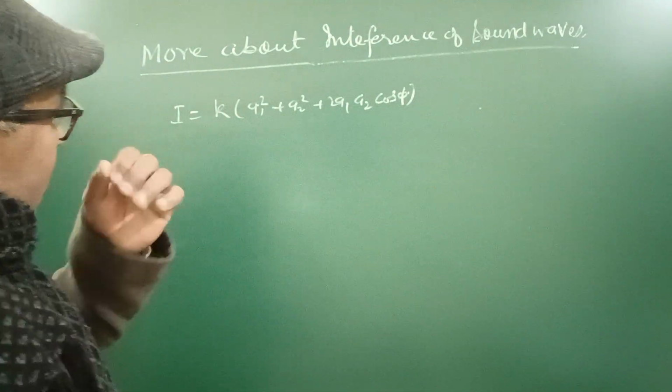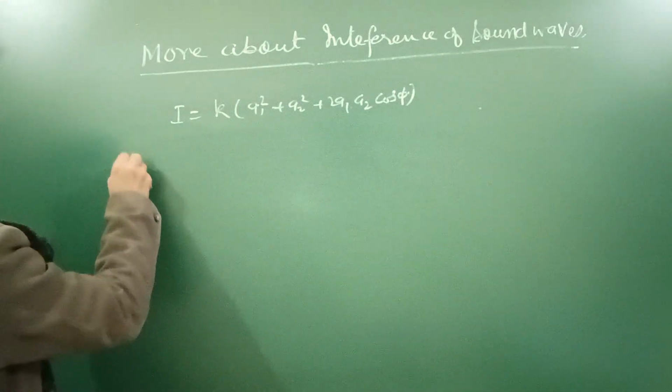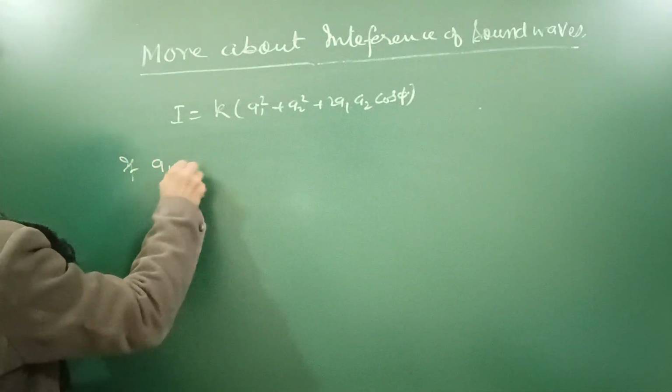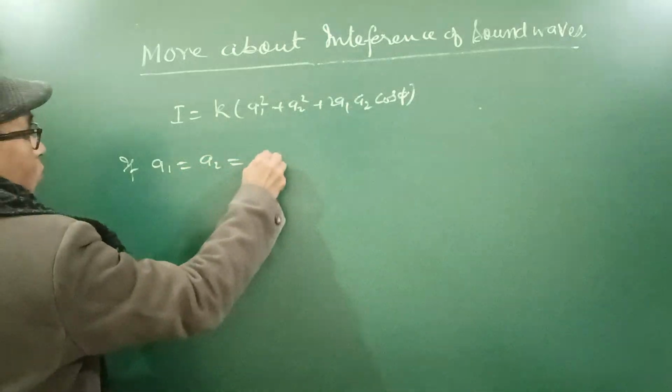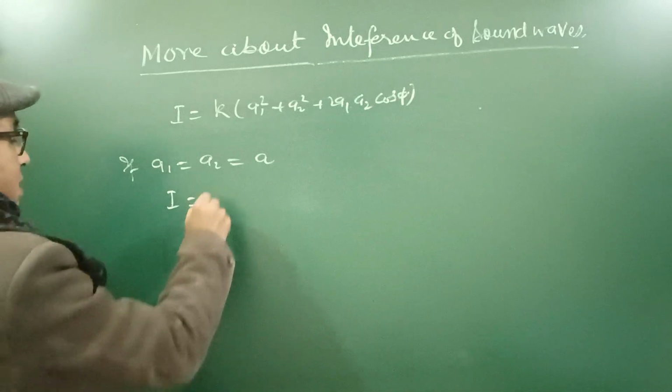Now what happens if A1 and A2 are the same? If A1 equal to A2 equal to A, how does this formula get modified?